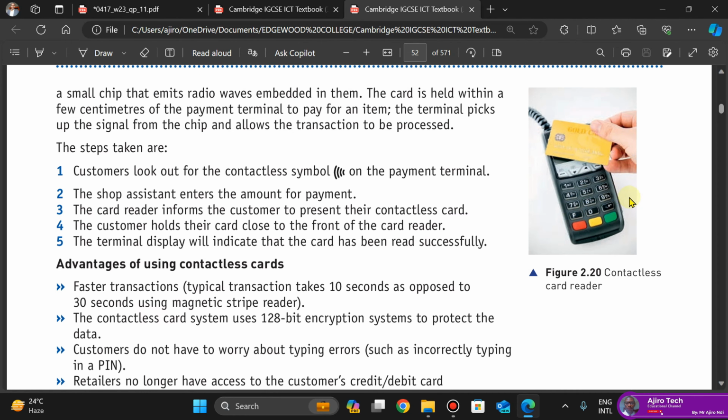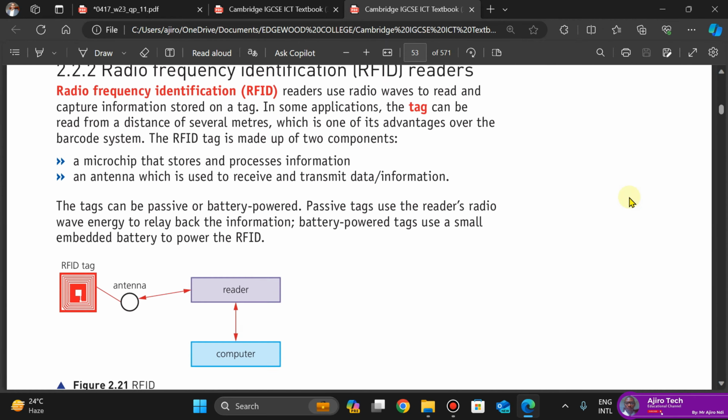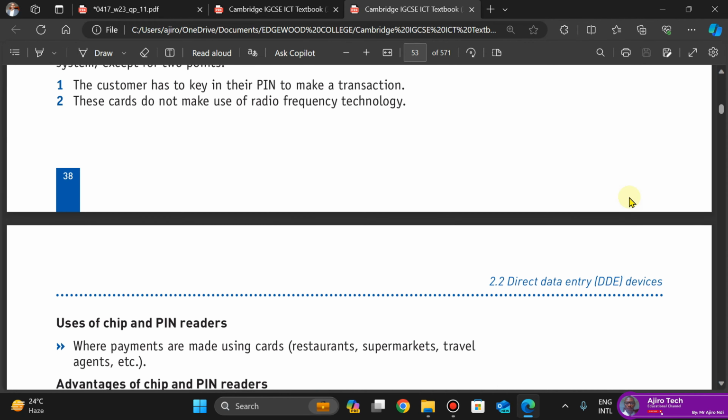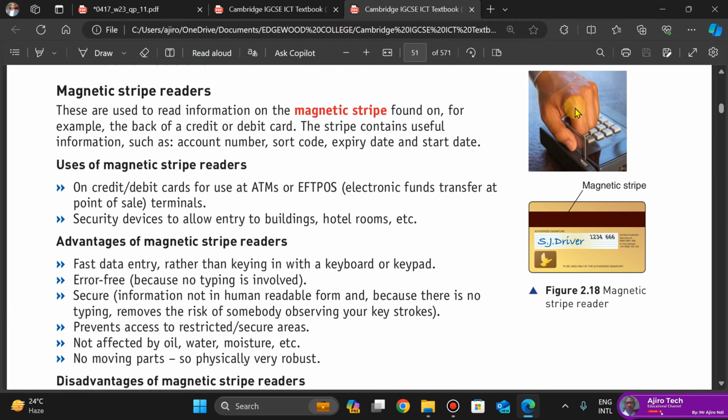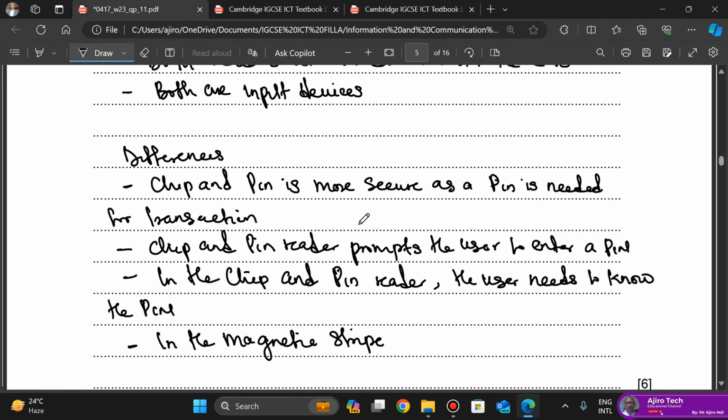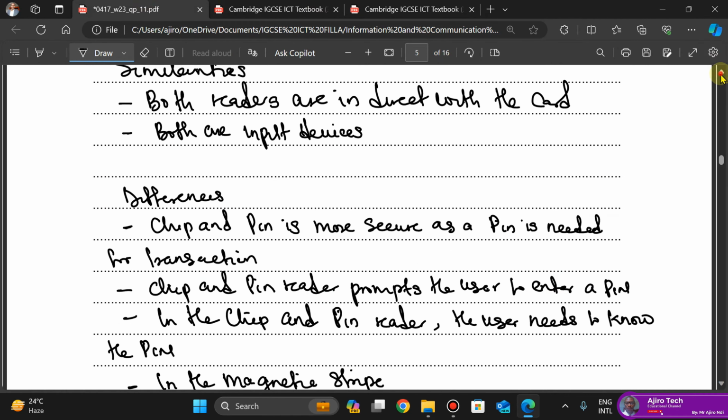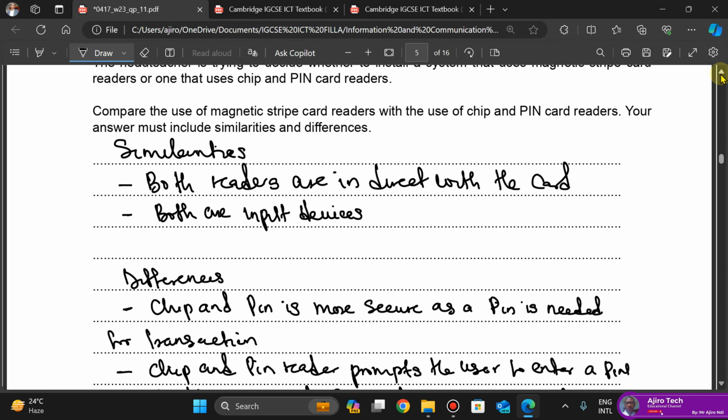Now this is for contactless, I know, but again, for the magnetic stripe, this is a reader that is used to read this card. So what we are talking about now is the reader and also the card. They said compare the use of the magnetic stripe readers and the chip and pin readers. We're talking about those that you use to read the card, but you can also talk about the card.